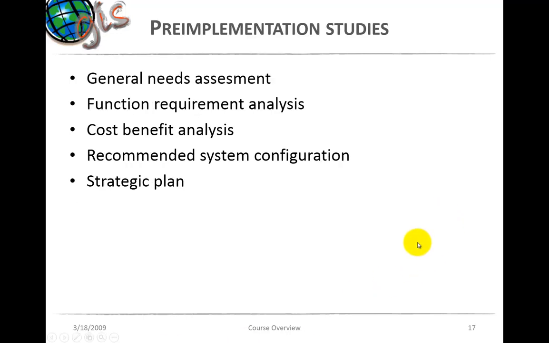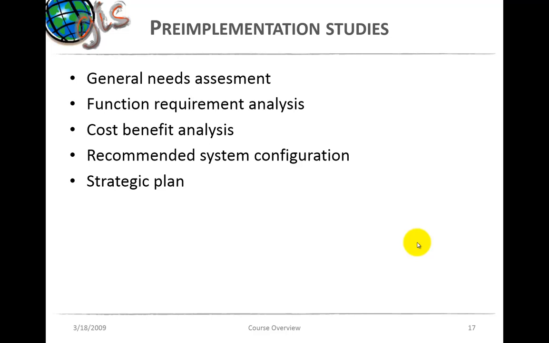Also, you need to do certain things like a general needs assessment and a cost benefit analysis, and you need to have a plan in action where you actually talk to people, maybe get some professional opinion on what it's going to cost, and understand the benefits, and what the functional requirements are, because this is going to be a problem solving solution.